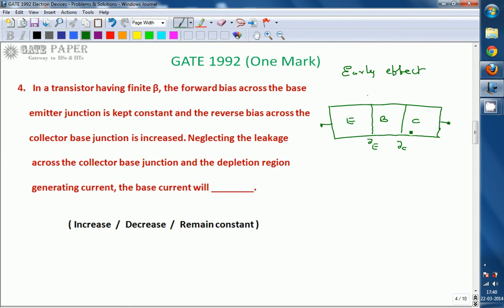It may be either PNP or NPN. If it is PNP, emitter and collector are P type and base is N type. For an NPN transistor, emitter and collector are N type, base is P type. Whatever the case, you will get two junctions: the emitter base junction and the collector base junction, indicated as JE and JC.